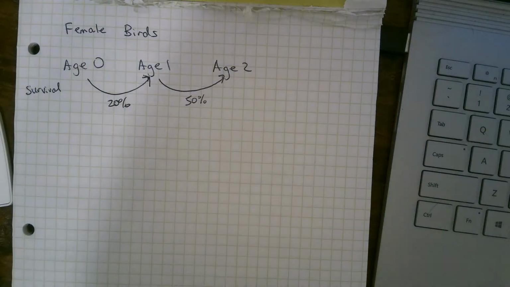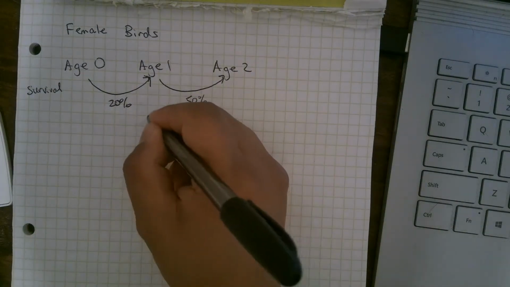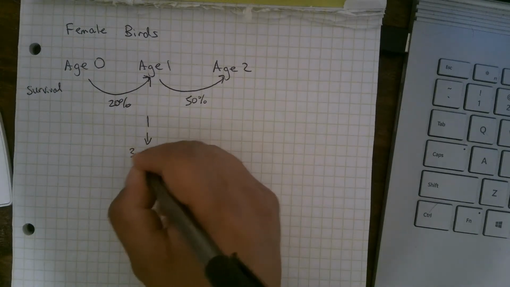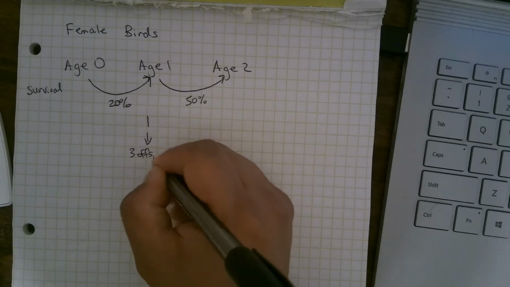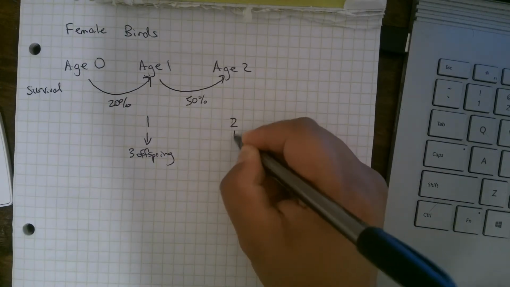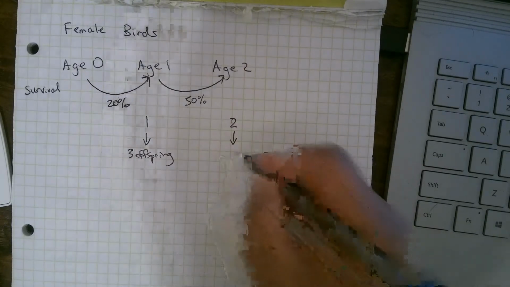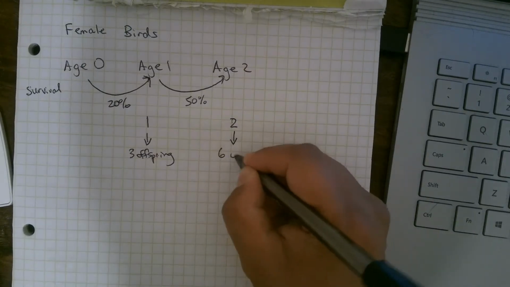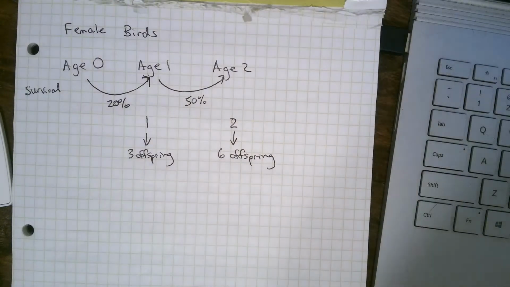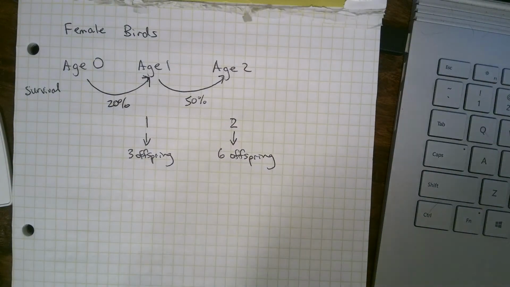And then for the age 1 birds, they can produce 3 offspring during mating and birthing season. And then age 2 birds are a little bit better at that. They can produce 6 offspring. They do that and then they die. Brutal realities of nature.